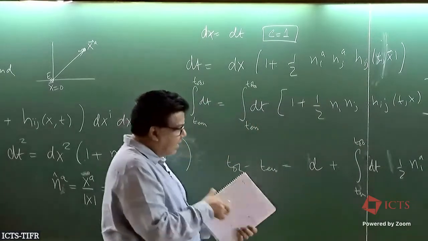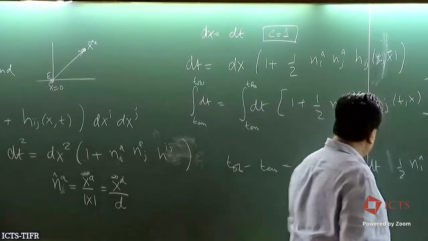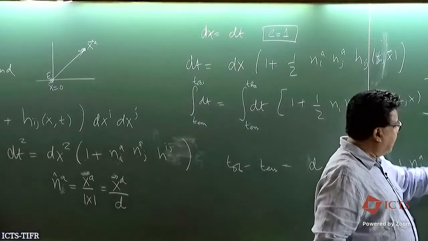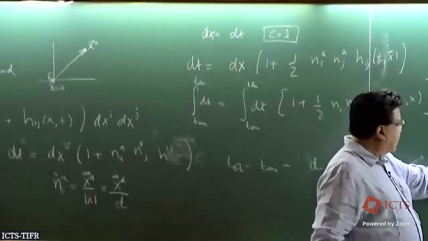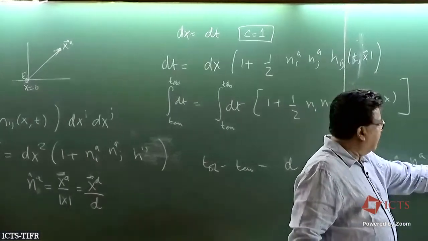Now remember that this x over here is not just any random point in space-time for this Hij. This is the Hij on the path of the light beam. So the time and x are related.